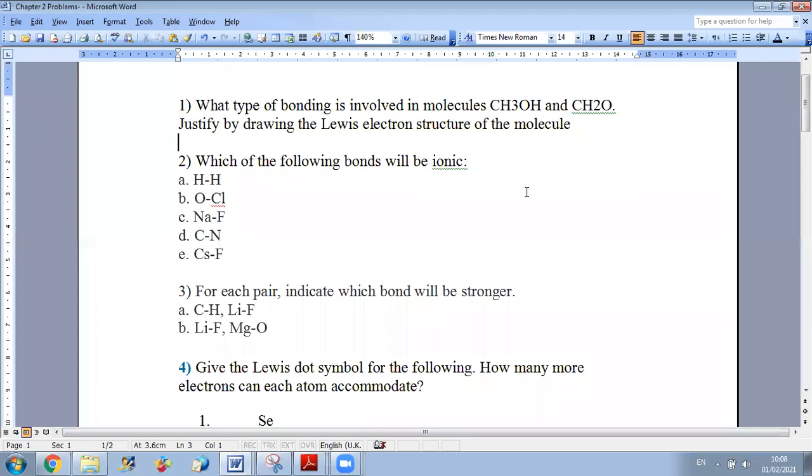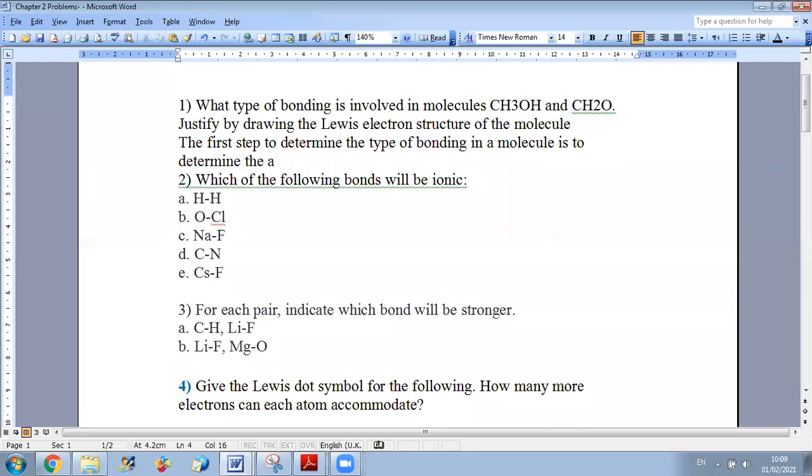So I will write first: the first step to determine the type of bonding in a molecule is to determine the atomic number of the atoms constituting the molecule.